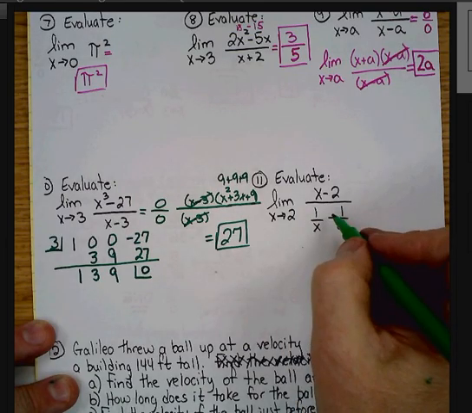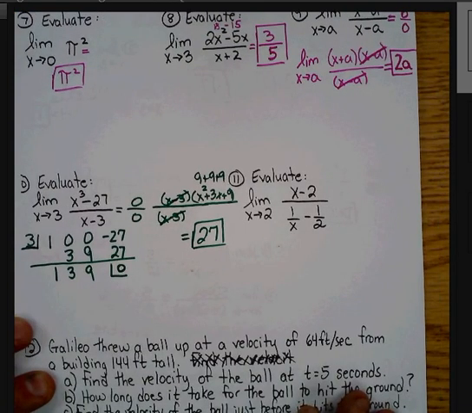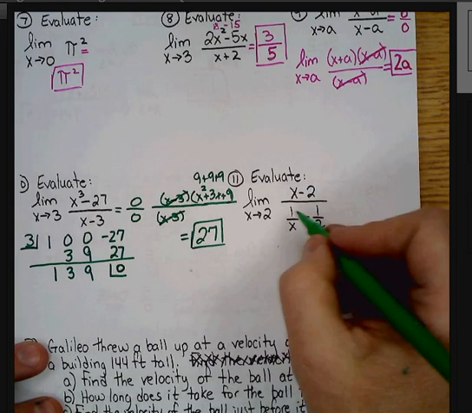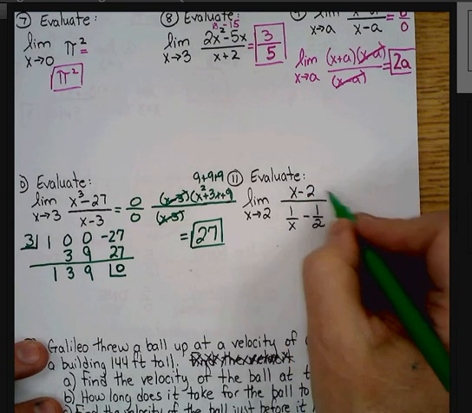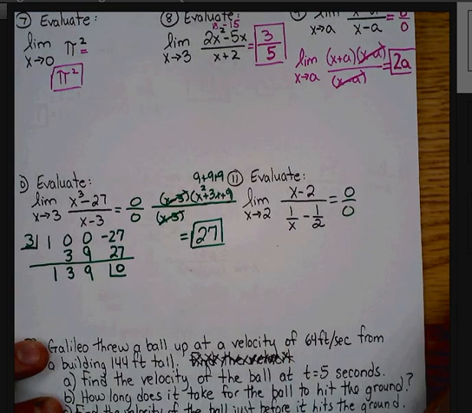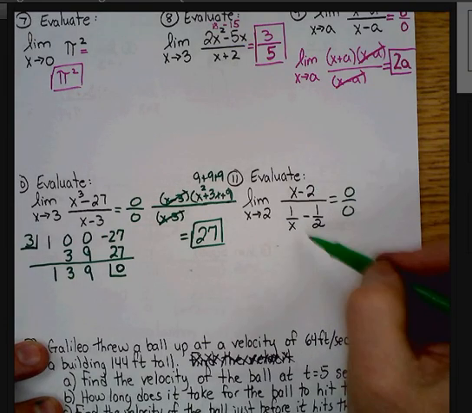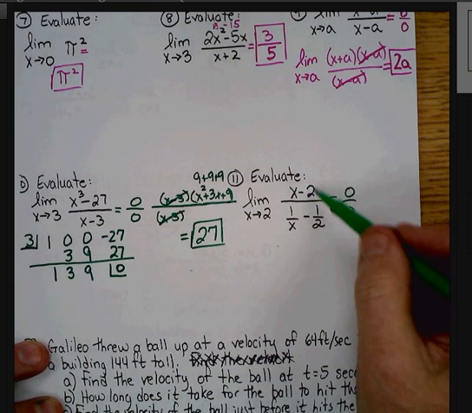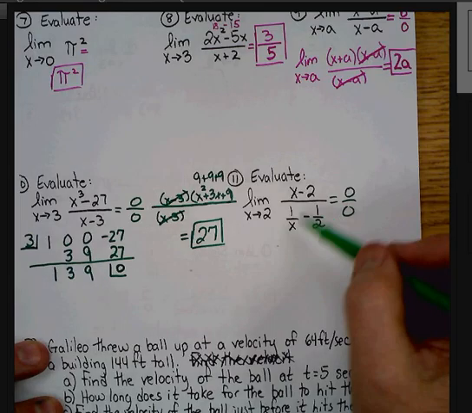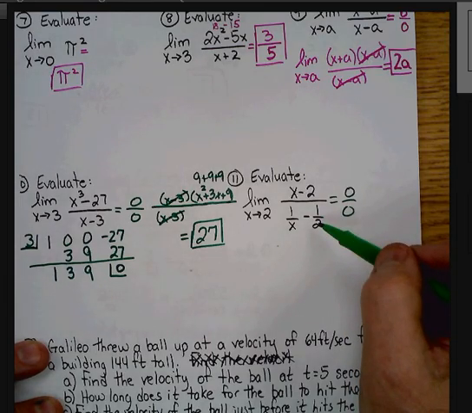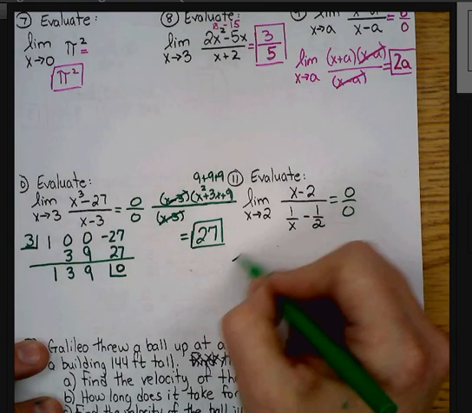This one we did in class, but I'll do it again with you. Before I can figure this out, if I plug 2 in, I'm going to get 0 on the top and 0 on the bottom. So it's very difficult to see how I might cancel looking at it right now. So I have to specifically change the bottom. So I'm going to rewrite this.